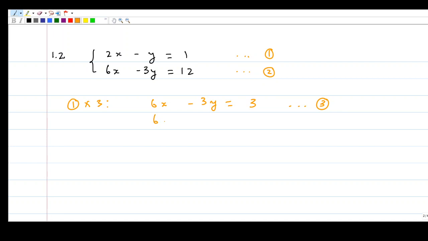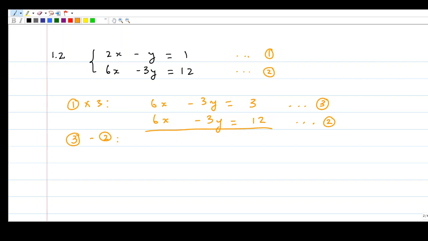And if I write equation 2 below it, to eliminate x, it's equation 3 minus equation 2. Remember when you're subtracting, you'll have to change the signs of what you're subtracting and then add.